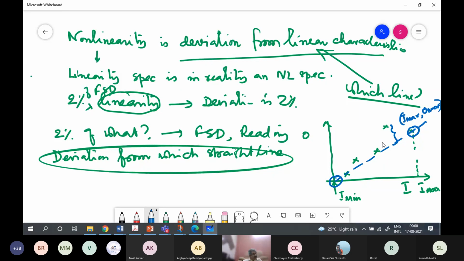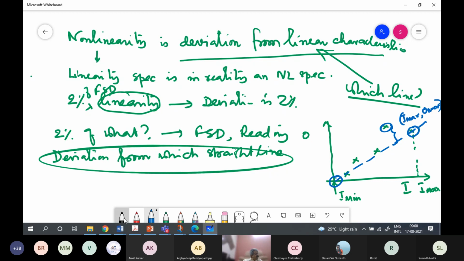Every point has to obey your specification, otherwise your guaranteed performance does not occur from your sensor. So if you take this line, the nonlinearity specification will look bad.